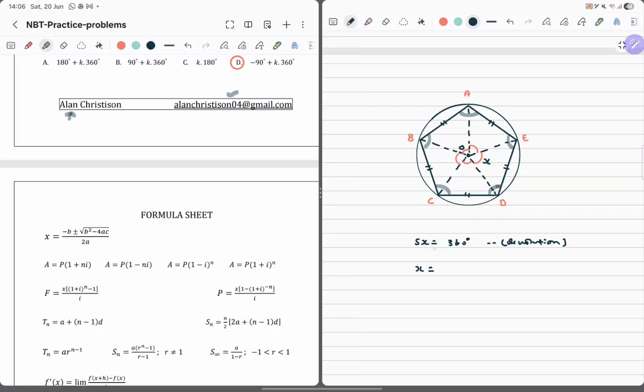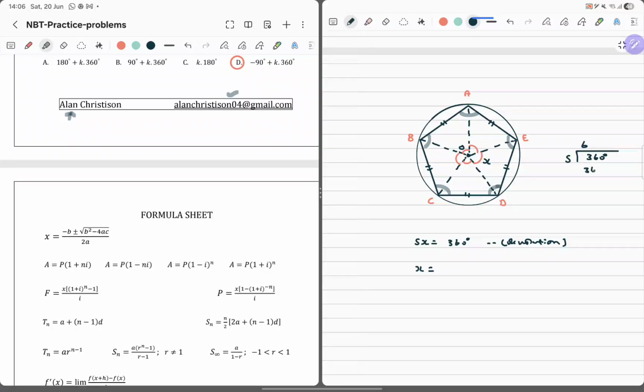Is it 60 degrees or is it 20? I'm not sure. 5 into 36 goes 6. Yeah, it should be 60 degrees.